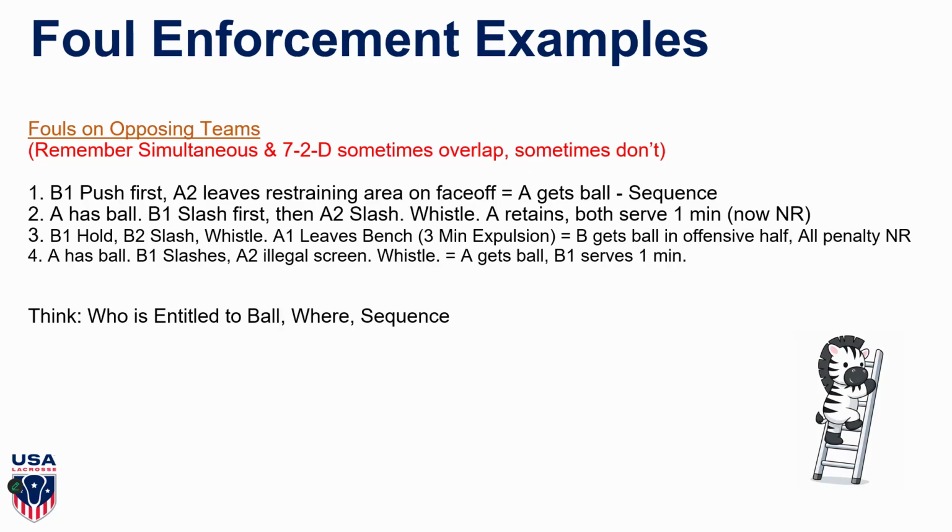I'm sorry, just to interrupt. When he says overlap, he means they can sometimes both be applied to the same situation. The rules are separate. A simultaneous foul has its own definition, it's its own rule. 7.2D has its own implementation and it's its own rule.